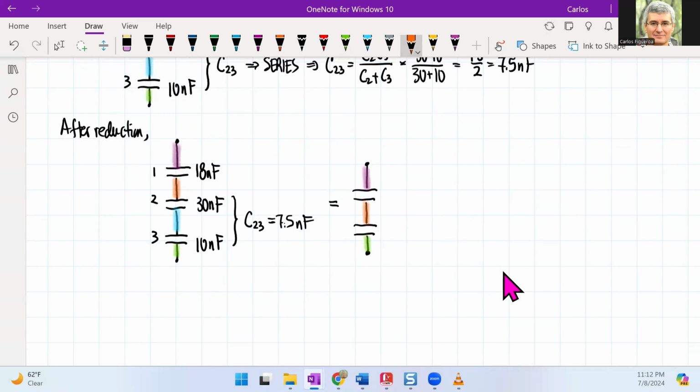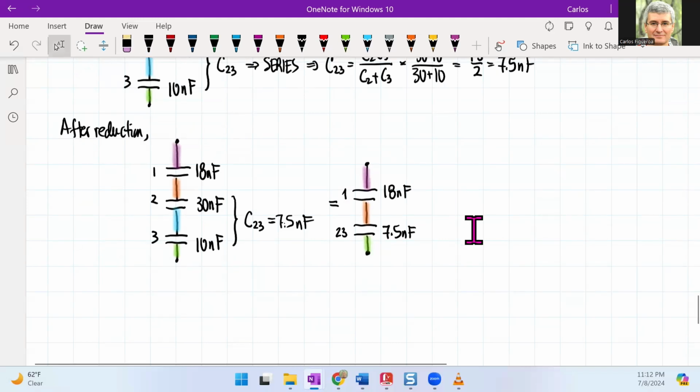If I start to look at these capacitors, the bottom capacitor is now going to be 7.5 nanofarads. The top capacitor is going to be 18. So this is 1, and this is the 2, 3 combination. Then I repeat the same process.